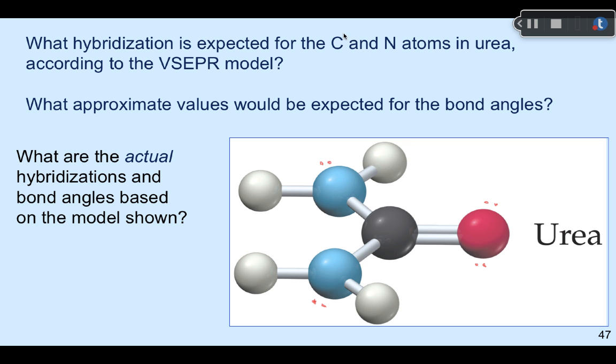All right, so let's look at this. The carbon has 3 things attached to it. And so 1, 2, 3 charge clouds. So every time you have 3 charge clouds, the hybridization is going to be sp2. Well, nitrogen in each of these examples has also got 3 things attached. So 3 charge clouds, 1, 2, 3 on each of them.